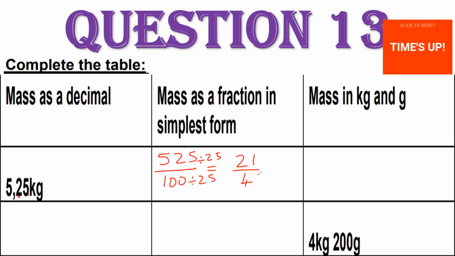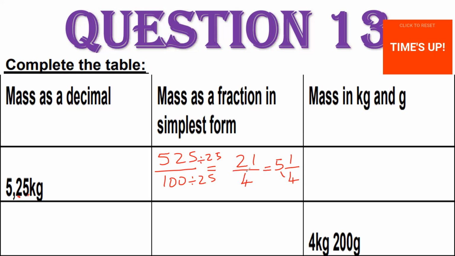You cannot simplify anymore, but you can write it in another format. So 21 over 4, how many 4s do I have in 21? 5 times. And then 5 times 4 is 20. What is left? 1 left. So 5, 1 over 4. 5 full and a quarter. As you see, you have 5 kg and 0.25. 0.25 means quarter. So 5, 1 over 4.